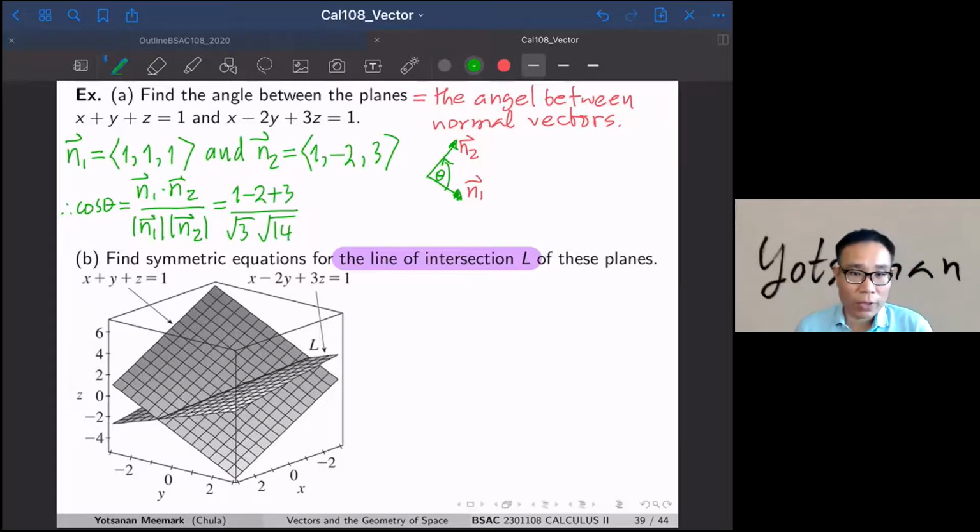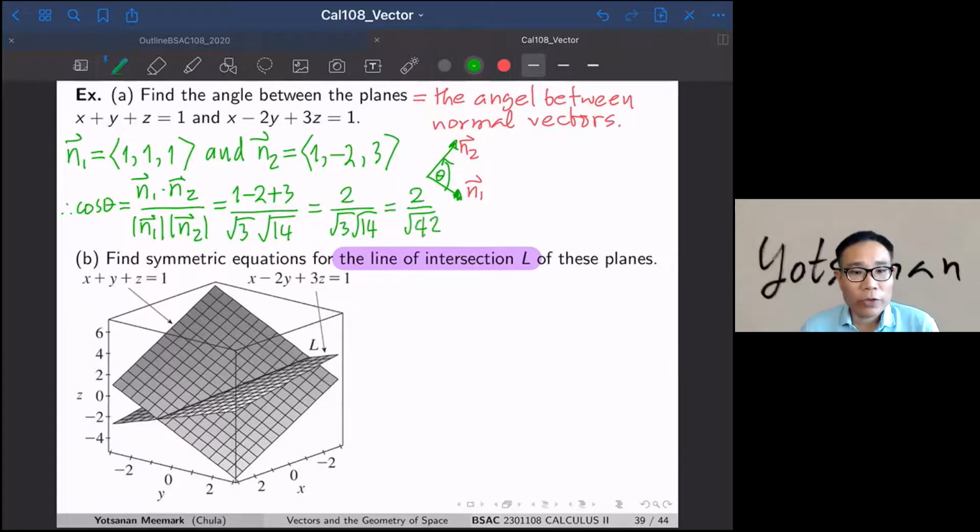It's going to be 1 plus 4 plus 9, so root 14. So in this case, it's going to be 2 over root 3 root 14, which is 2 over root 42.